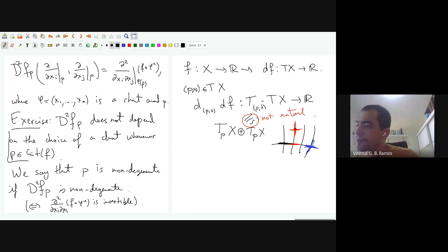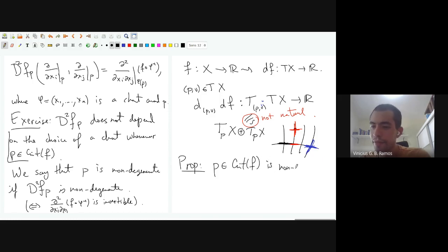Okay. All right. So now the proposition is that P is a critical point of F. The critical point is non-degenerate if and only if the one jet of F intersects S1 transversely at P. And remember what S1 was.